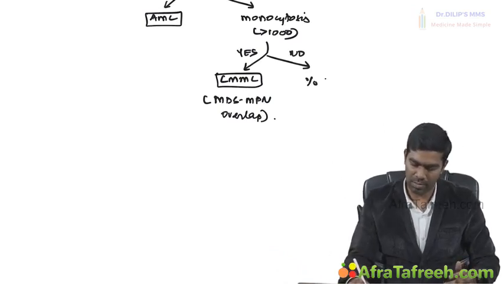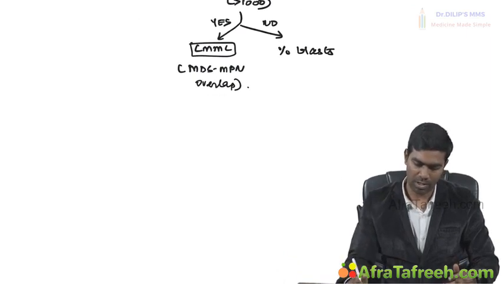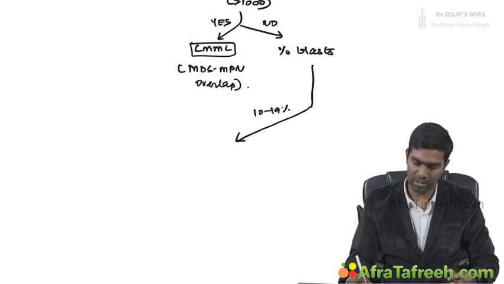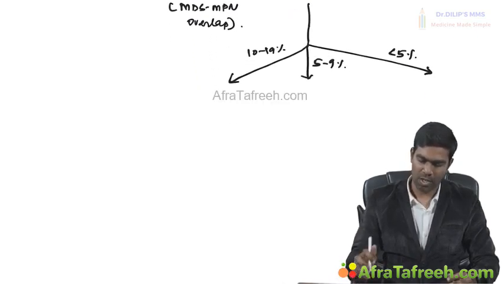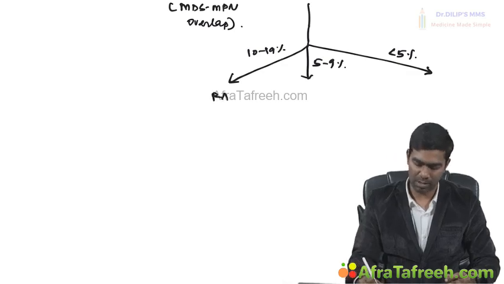Then you have to ask the blast percentage. You might be seeing 10 to 19% blast, 5 to 9% blast in the bone marrow, or less than 5% blast. Remember, if it's 10 to 19% blast, it is RAEB2.